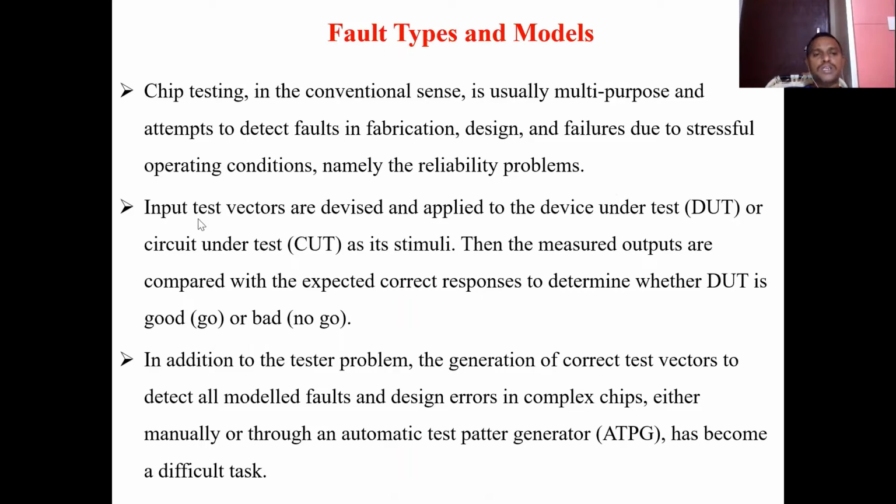Next, input test vectors are devised and applied to a device under test. Suppose you want to test a particular design, that particular device is called the device under test, or we can also call it the circuit under test.